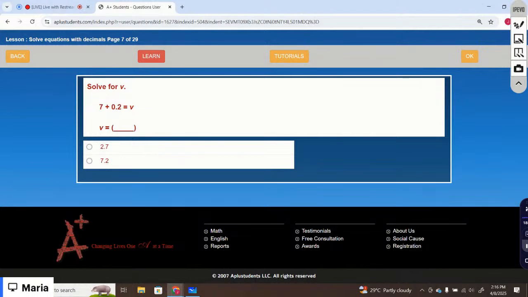Solve for v equals 7 plus 0.2. So which is the correct option? That is 7.2. Option number 2 is the correct option.